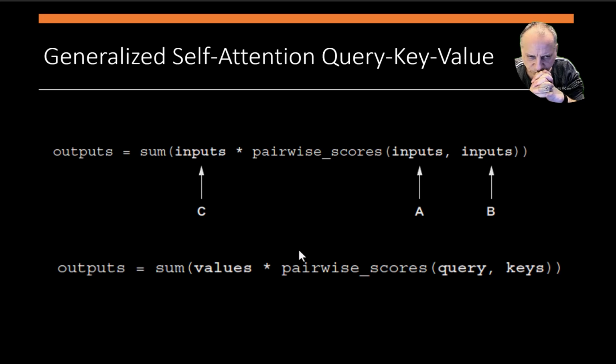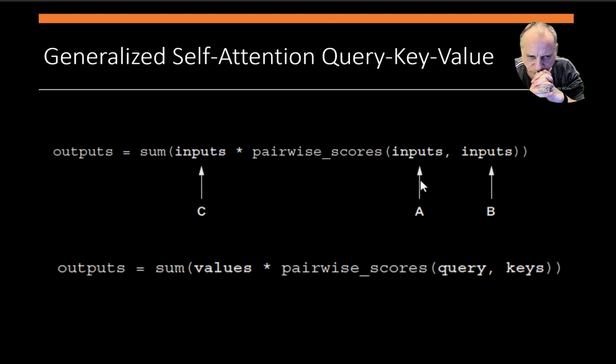So you can think about the attention as a query and key-value. You have your input, and you're looking at the pairwise scores, and then you sum those up to get the outputs.